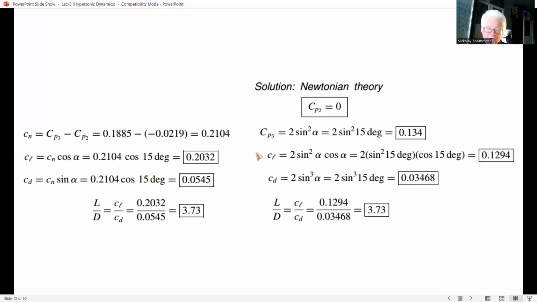And next, for CL, we get this result, and for CD too. And finally, we can find the lift to drag relation, the same if area is constant, and we have really constant area. So we may simply find the ratio CL to CD. And we get absolutely identical value, 3.73, as in the previous solution.